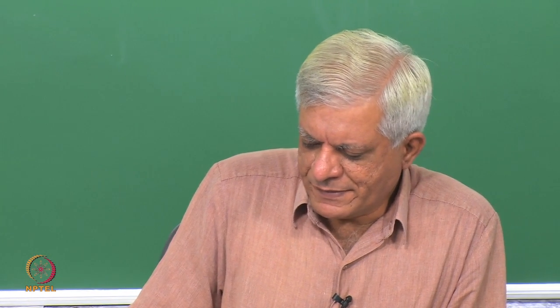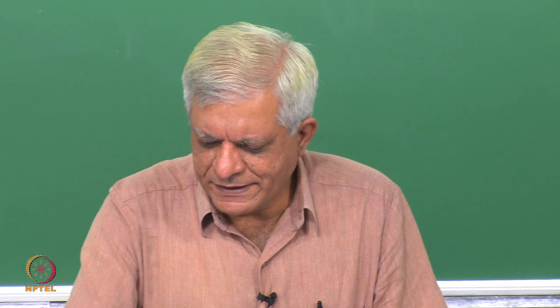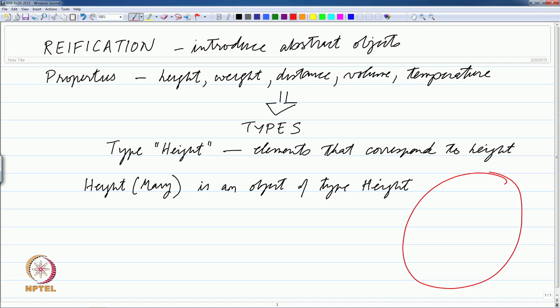Now, so we can think of it as in the domain D, we add a new set called height, and then if we have Mary as an object in the domain, then the function height maps Mary onto some element inside this, which is the height of Mary.